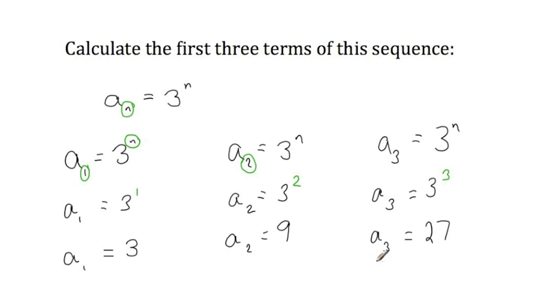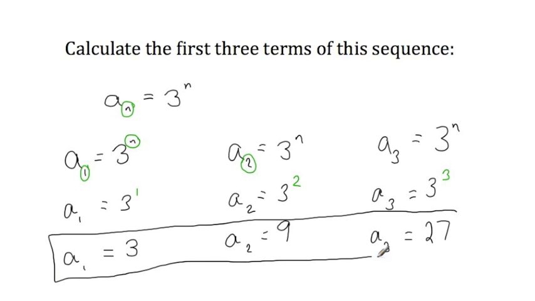So the third term, and you can read this the third term, or you can read it a sub 3, is 27. So we've now calculated the first 3 terms of the sequence. The first term is 3, the second term is 9, and the third term is 27.